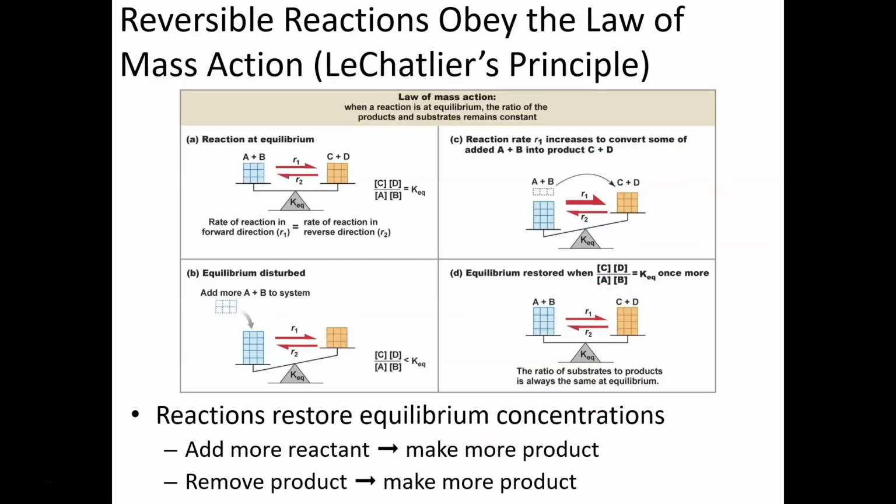One last thing about reversible reactions before we move on. Reversible reactions are good because they help us control things. But there's a cost to that, and we see this a lot in physiology. There is a cost-benefit approach that you have to look at.